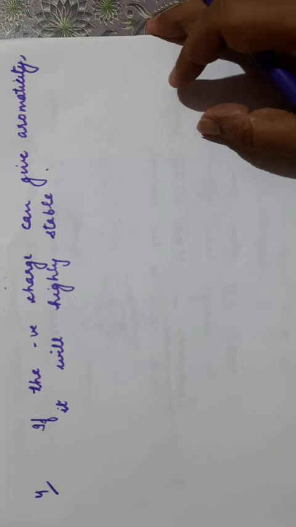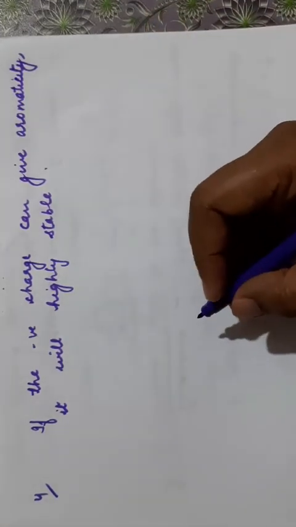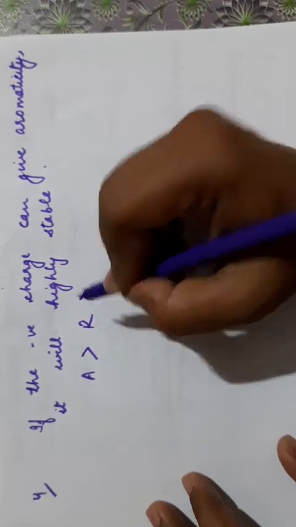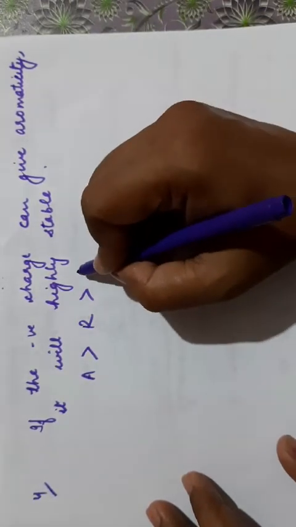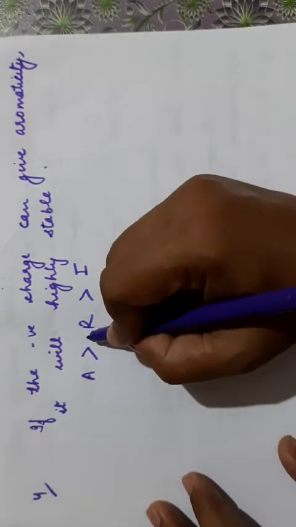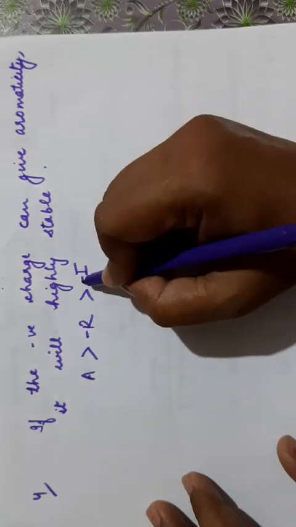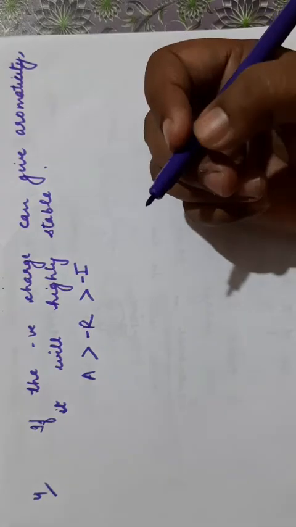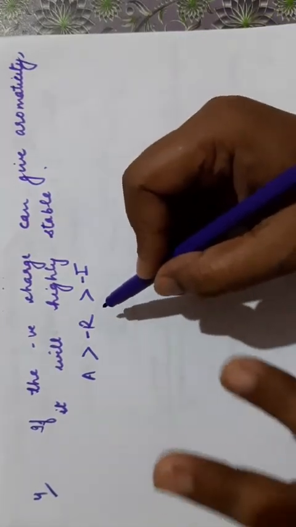So if due to the presence of the negative charge the compound is becoming aromatic, then it will be highly stable, and the order will be: aromaticity will be more stable than resonance. Resonance effect is stronger than inductive effect. Clear? So minus R effect will be stronger than minus I effect, and aromaticity will be stronger than these two. So if there are two or more effects, you can compare them like this.